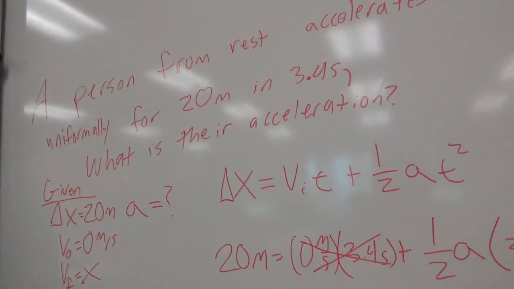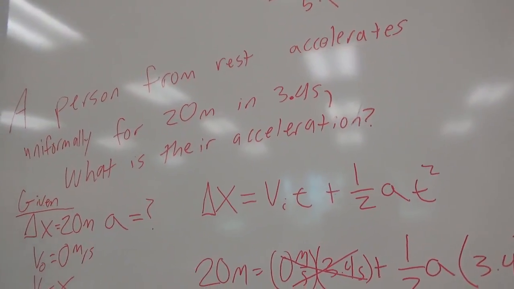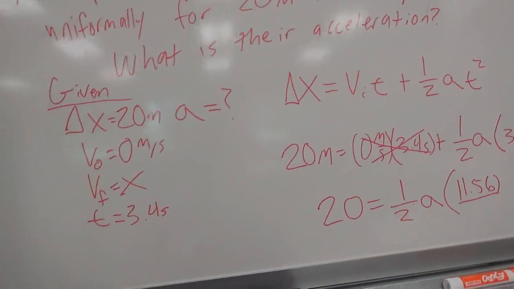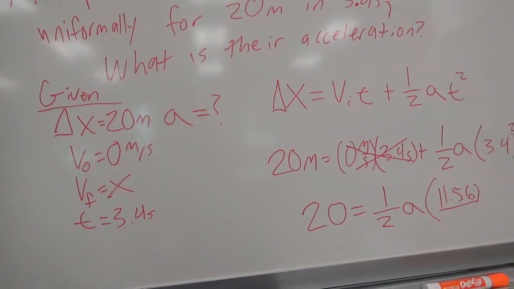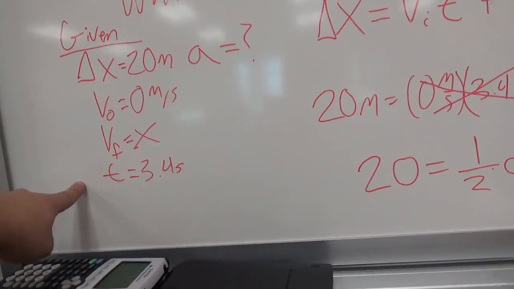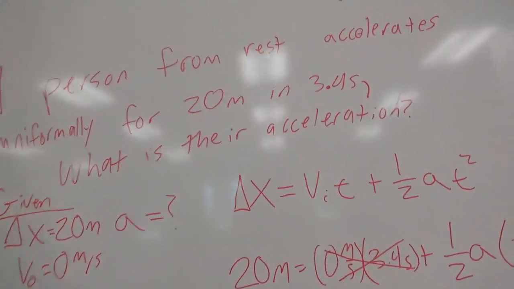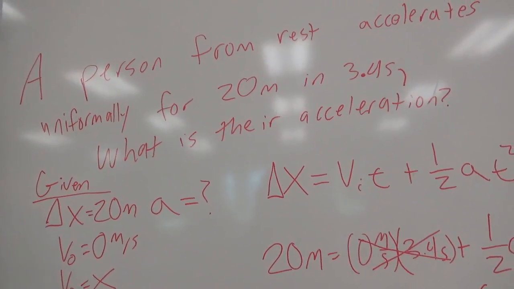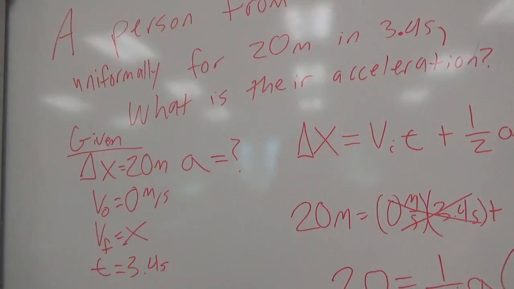And then when I do that, I look at it and I list what I am given. Alright, I'm given my displacement, my initial velocity, and the time. It's asking for the acceleration. You need to make sure that you identify what it's asking for.